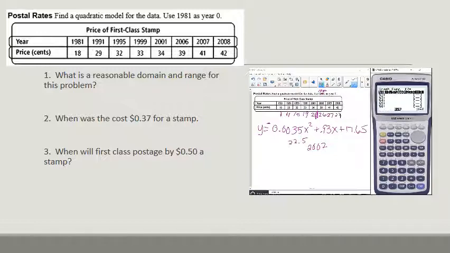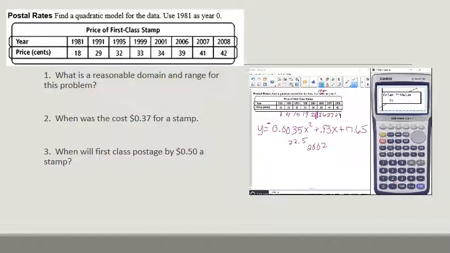So we're going to do Shift, View Window, and our X max is 32. So we want it probably to be more than that because our Y max is 50. So let's just make that 50. And now we're going to exit again and draw. G-solve, more, X-calc, and we're going to put in 50 cents, not 20 cents.